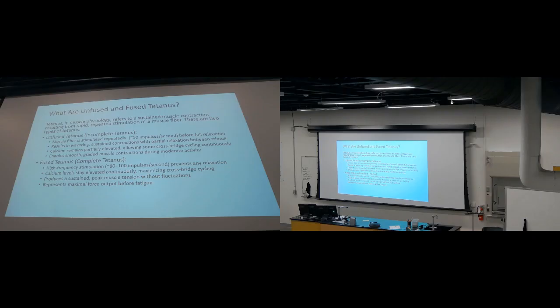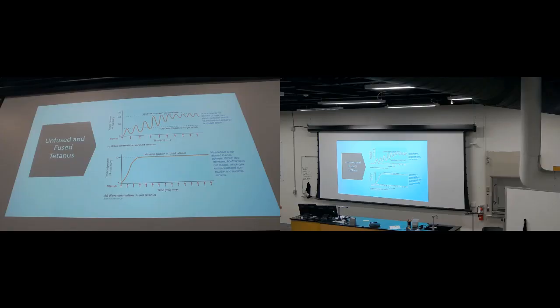That will prevent relaxation from happening, and since calcium will still be available in the cytoplasm, it will keep binding to troponin, and that will lead to sustained contraction and a peak of muscle tension. You will have certain fluctuations at the beginning, but generally, as you continue with this type of stimulation, you won't have fluctuations, so you won't have relaxation. That will give you the maximum force before someone has fatigue. So this is what happens between both of them.